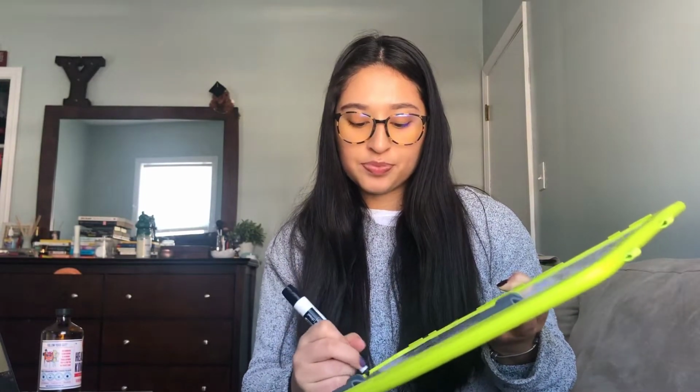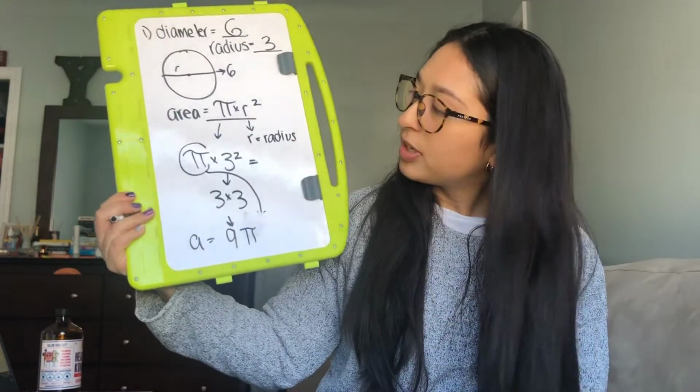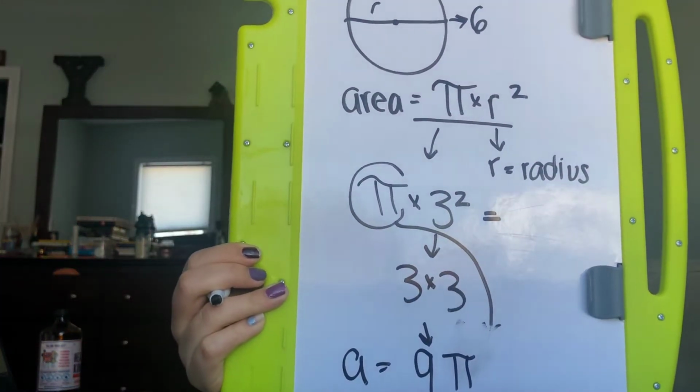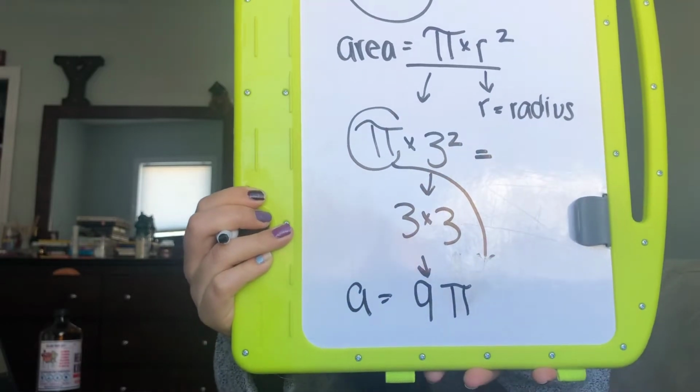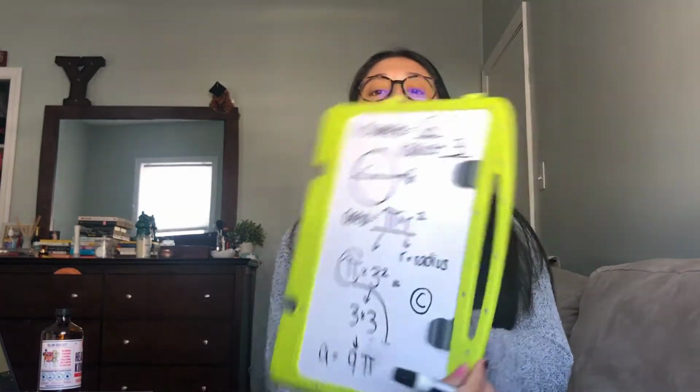My area, I'm just going to bring down the pi. I'm not even going to bother to multiply by 3.14. I'm going to get 9 pi as my area, okay? So that would mean that the answer that I would circle would be C, 9 pi.